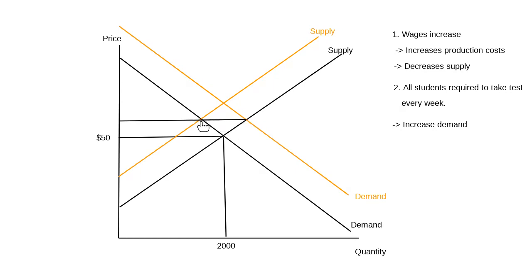So how does the market fix this? Same process, right? You increase price. If you increase price, that lowers demand and increases supply by law of demand and law of supply. So what do we end up with? We end up here.